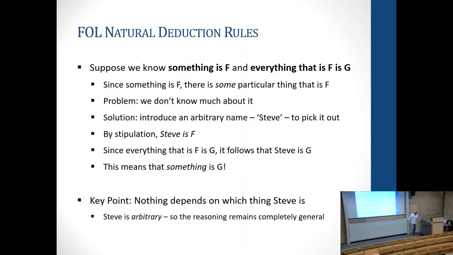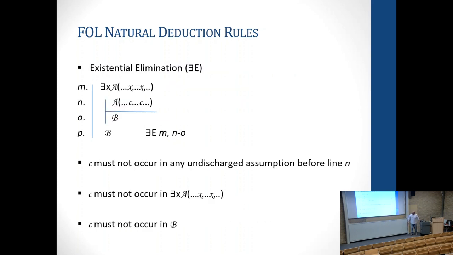To go back to the broad reasoning here, we didn't end up with a sentence featuring the name Steve. We ended up with a sentence where that's gone. So generally, the idea is that to ensure the name is a dummy, the name can't appear in any undischarged assumption.